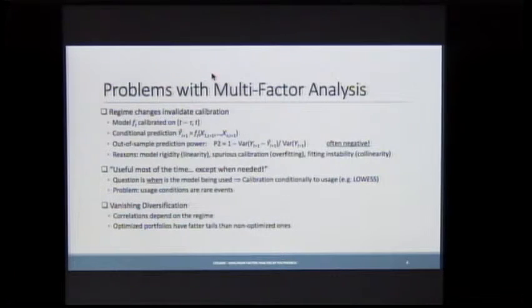So the prediction power cannot even compensate for the correlation between the hat and the non-hat, so the variance of the residual is bigger than the variance of the source.